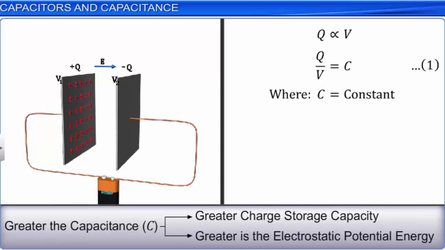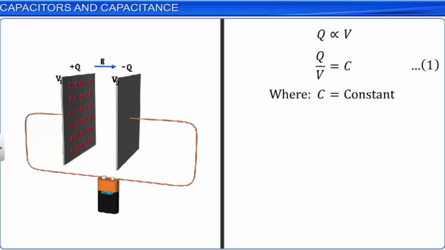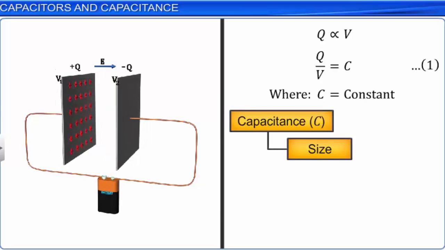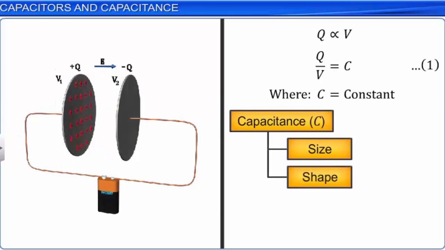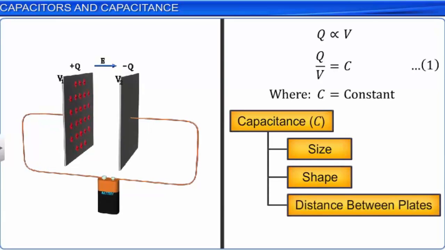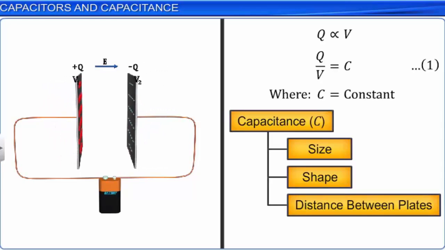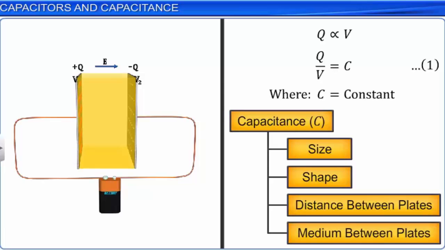The capacitance C depends on the size, shape, distance between the plates, and also the medium between the plates. The SI unit for capacitance C is the ratio of SI unit of charge to SI unit of potential difference, which is Coulomb per volt.